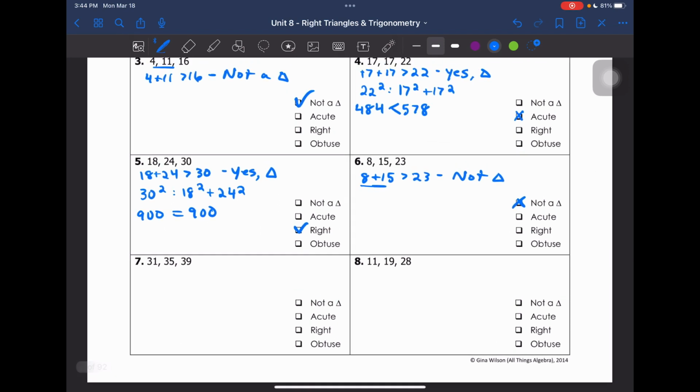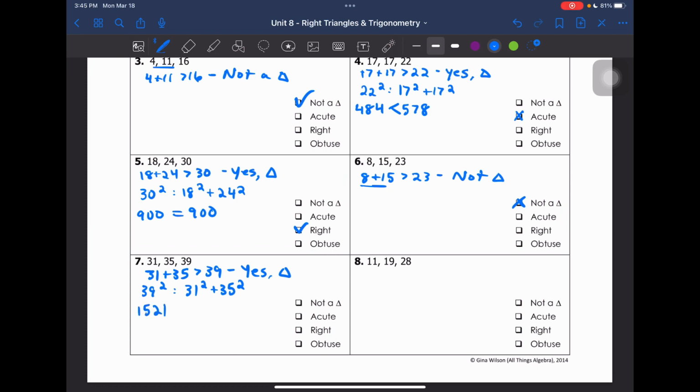Let's check number 7. 31 and 35. If we add these two together, are we going to get more than 39? Yes, that's pretty clear. So now let's see what kind of triangle it would be. Let's take 39 squared, and then compare that to 31 squared plus 35 squared. Well, 39 squared is 1,521.